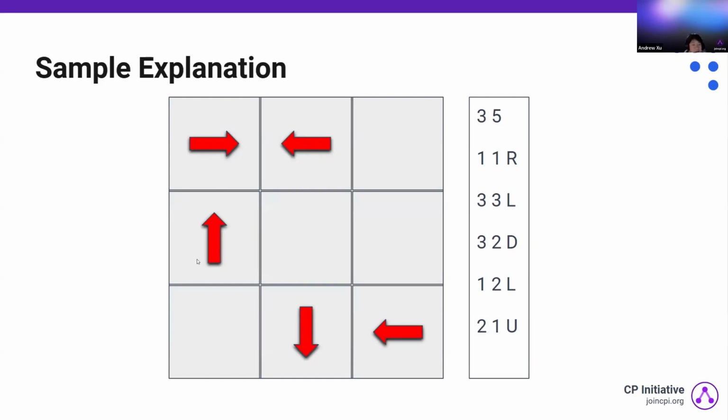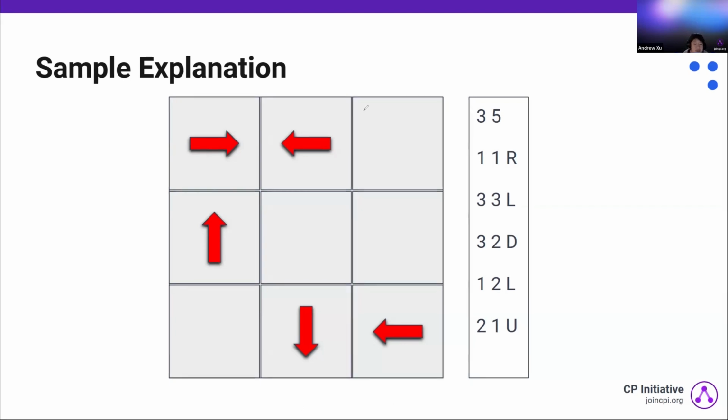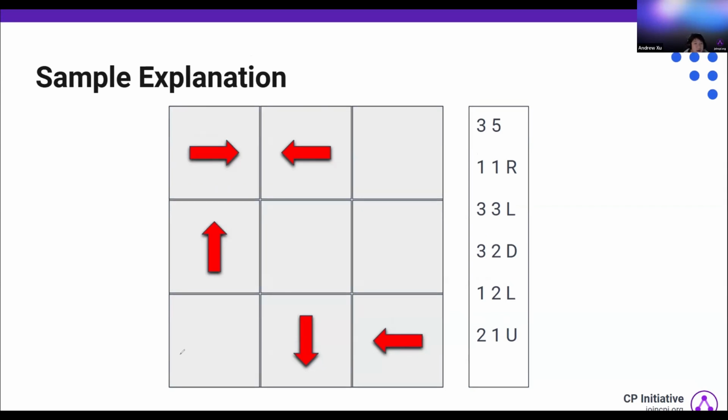Okay, so basically what the problem is asking is how many spots are there where you can place an item and it can get out of the square. So for this specific sample, we can get out of this square by just moving out.